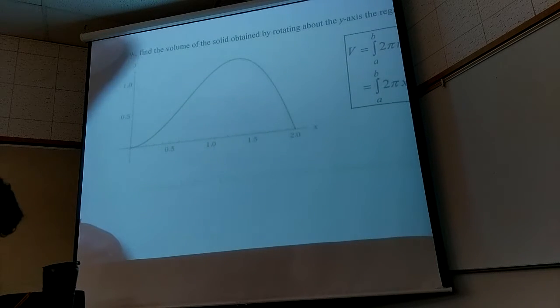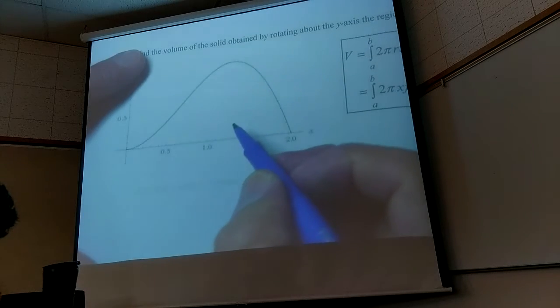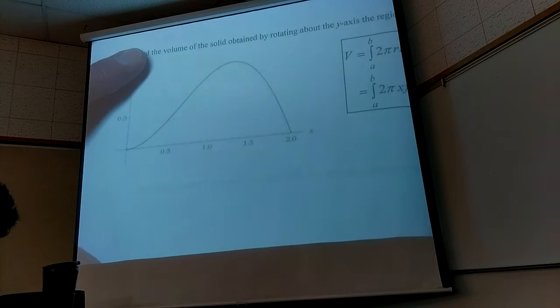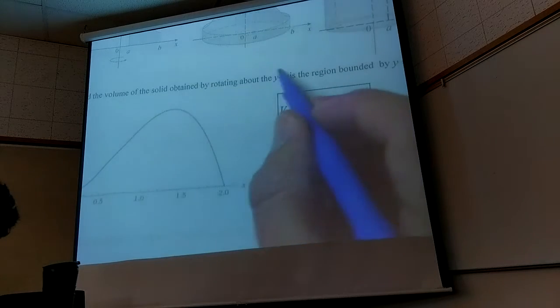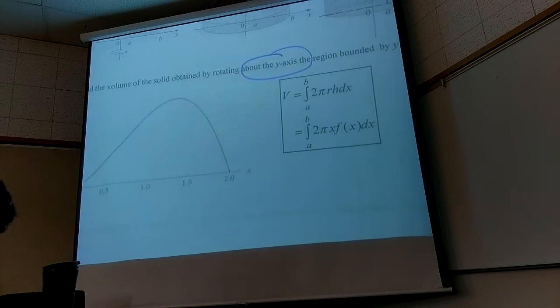So the same way with the disk method, any method you're going to use, after you sketch the region, you want to know the interval, d what. I am rotating around the y-axis. Disk method would be dy. Therefore, shell method would be dx. Maybe that's how you can remember.